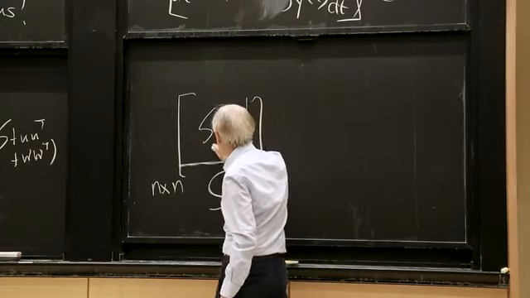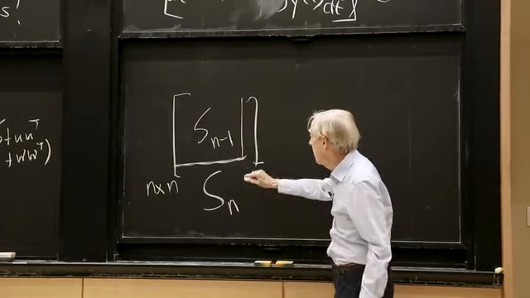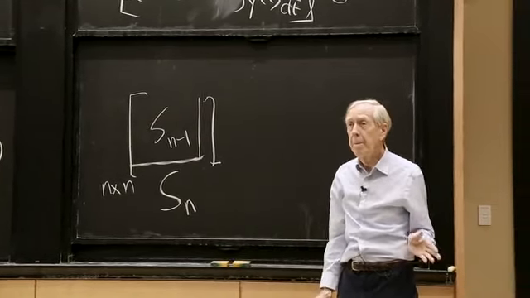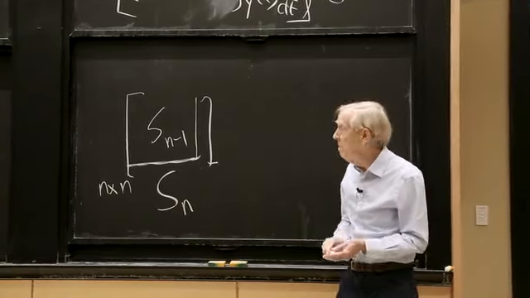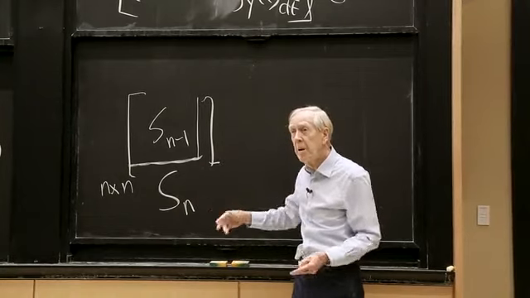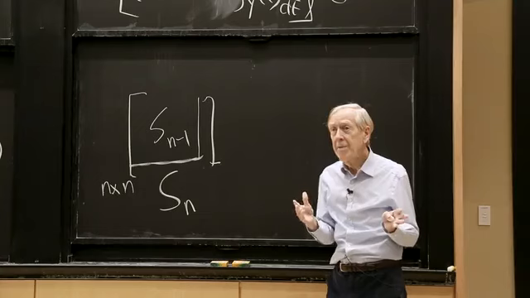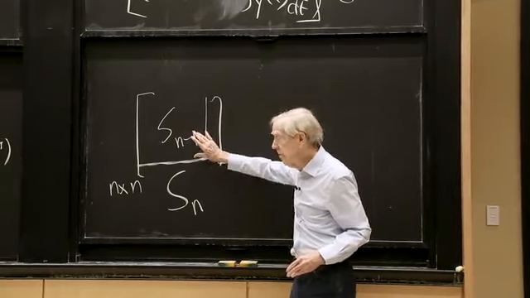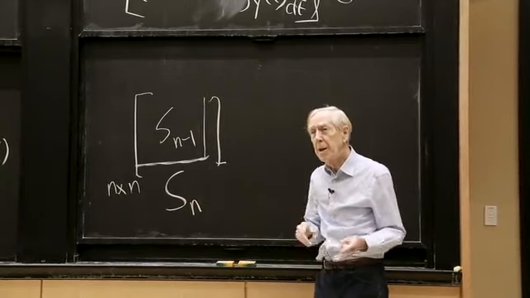So in here is S n minus 1, of size n minus 1. The big matrix was Sn. It's got less degrees of freedom because the last degree of freedom got removed. What do you think about the n minus 1 eigenvalues of this and the n eigenvalues of that? They interlace.